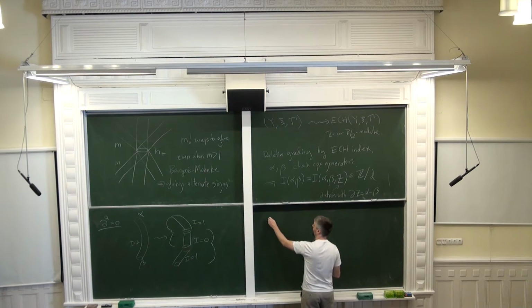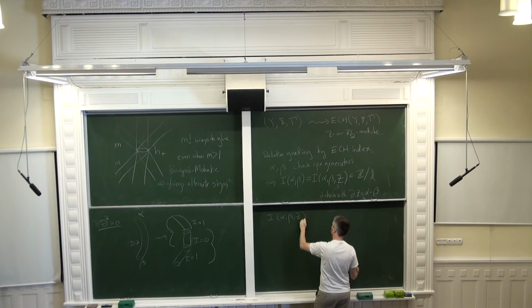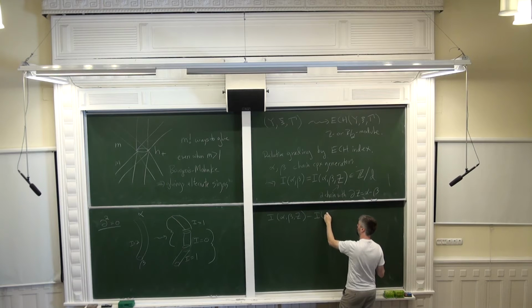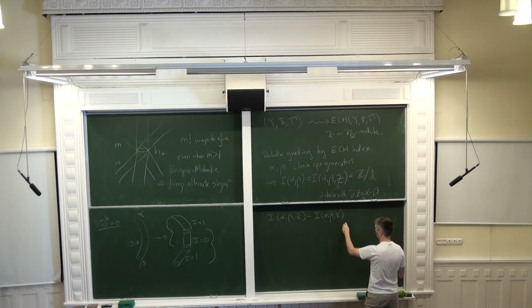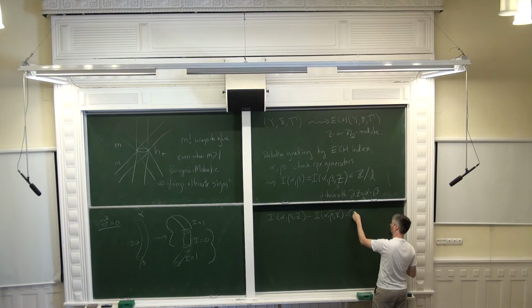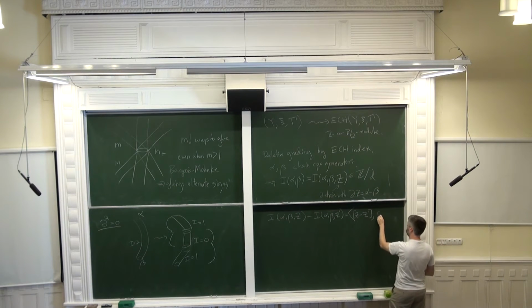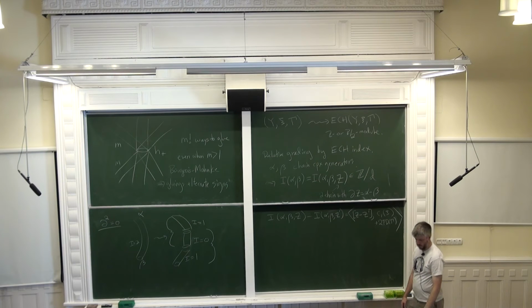If you replace the Z by some Z prime, this changes by the pairing of the homology class of Z minus Z prime with c1 of the contact plane field plus twice the Poincaré dual of gamma. So that's the ambiguity in this number.